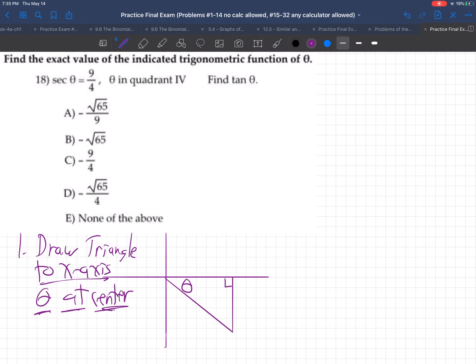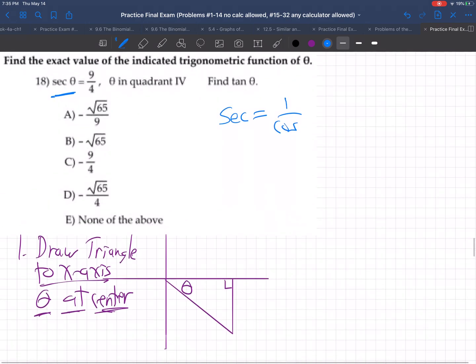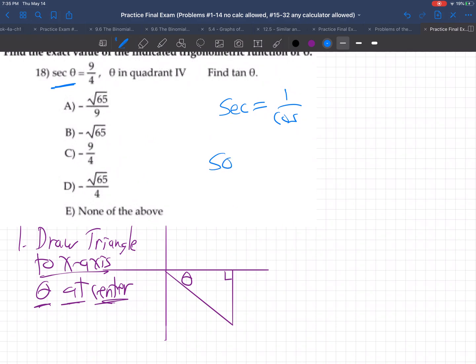Theta at the center. Okay, so now it says the secant of theta is 9/4. Now you got to remember, secant is upside down of cosine. And remember how SOHCAHTOA works. Cosine is adjacent over hypotenuse.